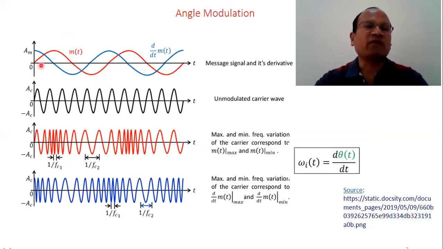So when there is an increase in the modulating signal amplitude, you see here there is an increase in frequency. You look at the pointer, the time duration has reduced, and you can see the frequency has increased.